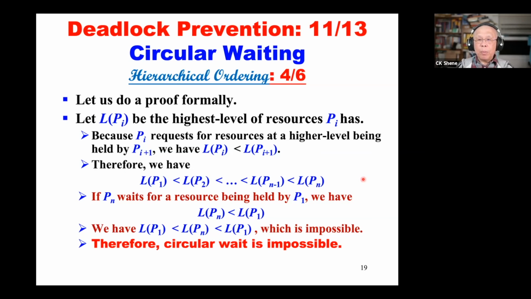And if this resource is being held by P1, we have this. As a result, we have L of P1 is less than L of Pn and less than L of P1 in turn. This is impossible. This means 3 is less than 4 and less than 3. Therefore, circular waiting is impossible, which means hierarchical ordering would prevent circular waiting.